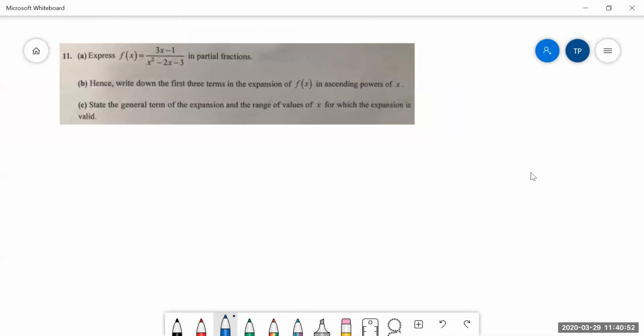For this one, Kenny, I managed to solve A and B, but it's C that I don't know how to do. Okay, let's take a look.